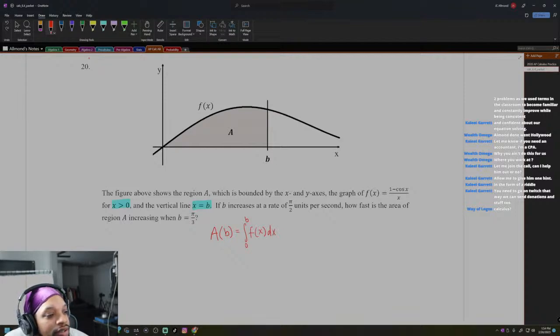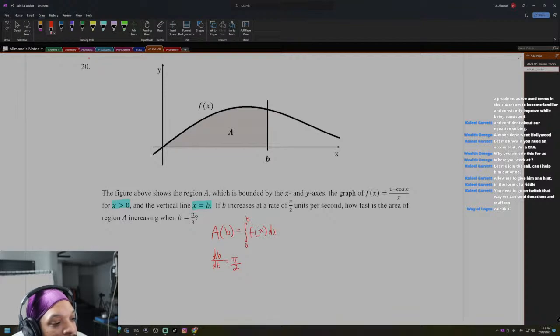Okay. And they're also telling us db dt, that's basically pi over 2.